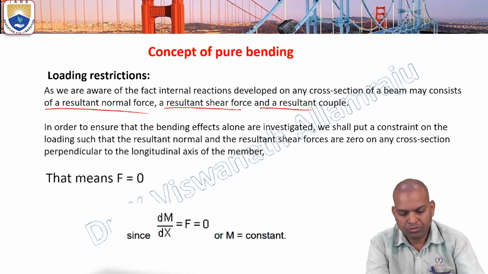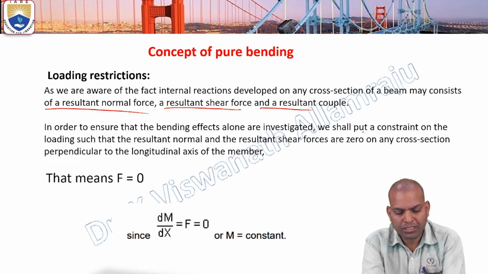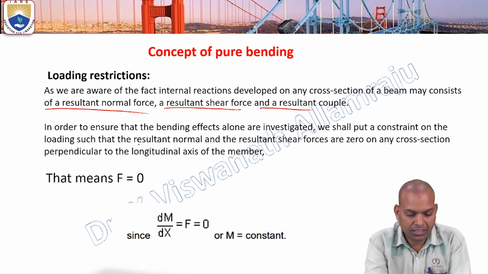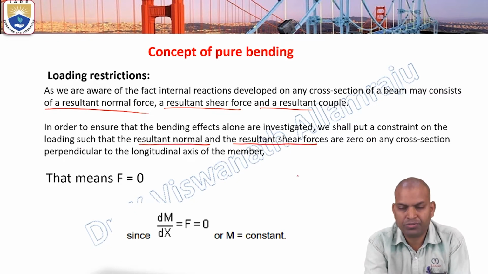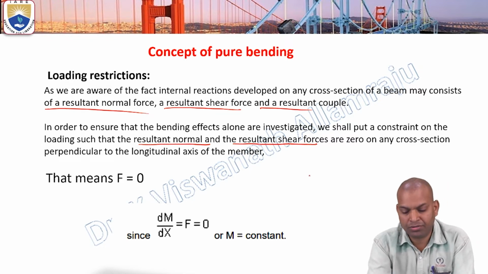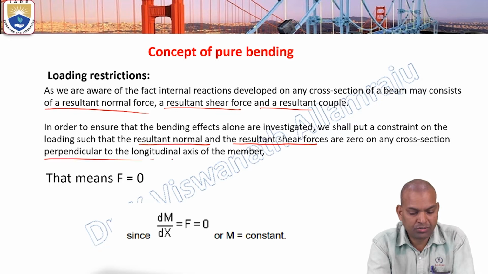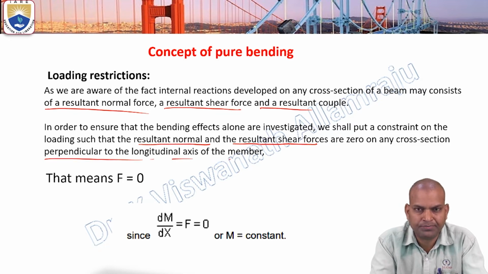So we are going to put a constraint on the loading such that the resultant normal force and the resultant shear force are 0 on any cross section perpendicular to the longitudinal axis of the member. That means the shear force equals 0.